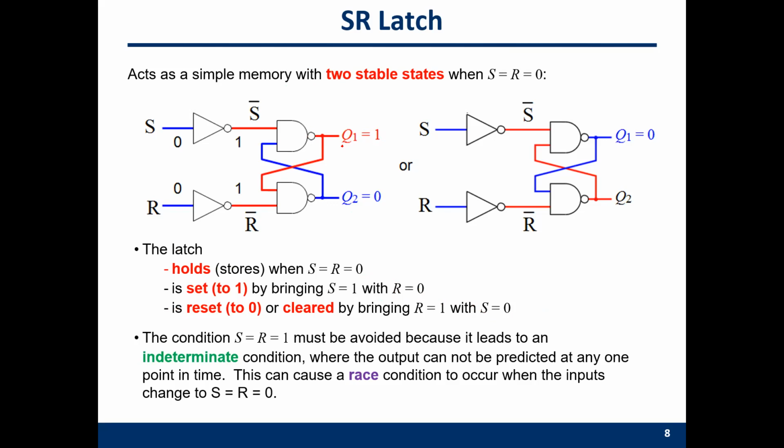We cannot make S and R simultaneously equal to 1 because that's not a stable state. This case will cause a race condition to happen when the inputs change to S and R both 0.